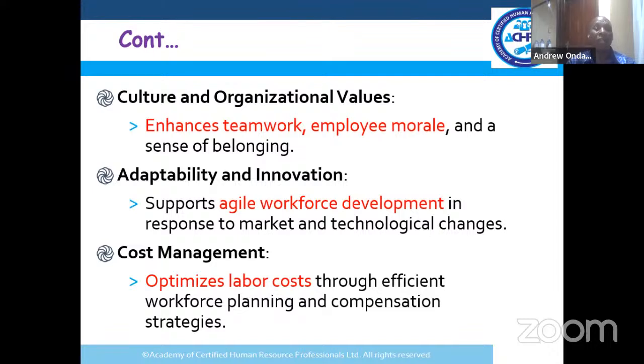On employee morale, the values that we promote will determine the level of morale that employees have. Employees are likely to be enthusiastic to perform their work if they are valued as employees. And how do we value employees? One, it is by taking their contribution into consideration when we are making decisions.